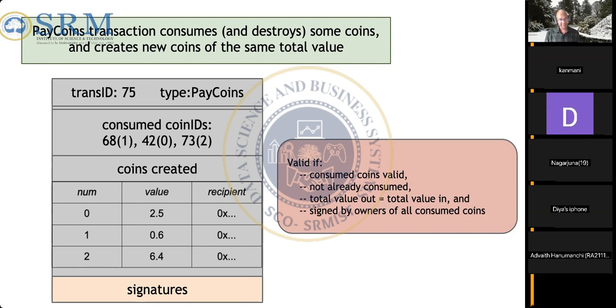Remember, we do checks saying that all the coins should be unspent, but this check will fail, saying that 68.1 was already spent in a previous transaction, maybe in a block somewhere around 72, so this transaction is not valid.